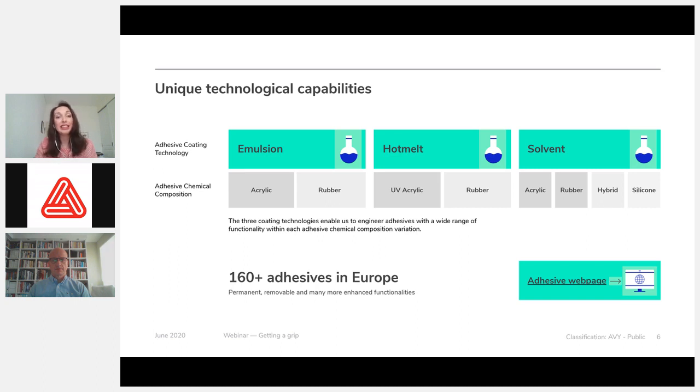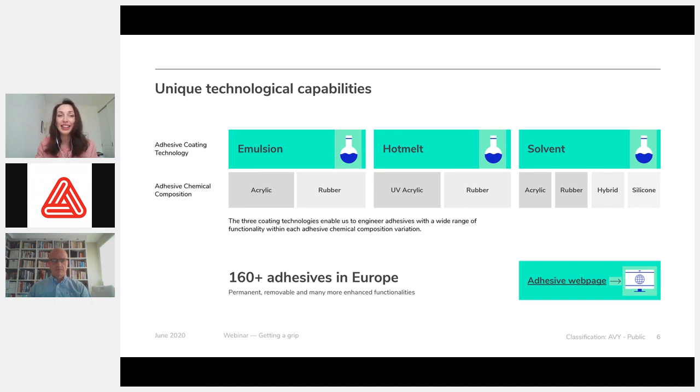Or maybe you need an adhesive that has some sustainability elements. So these are additional questions that come afterwards. What you see on the slide is really the groundwork, the basis. This level of customization has led to the fact that we have more than 160 adhesives in Europe only.